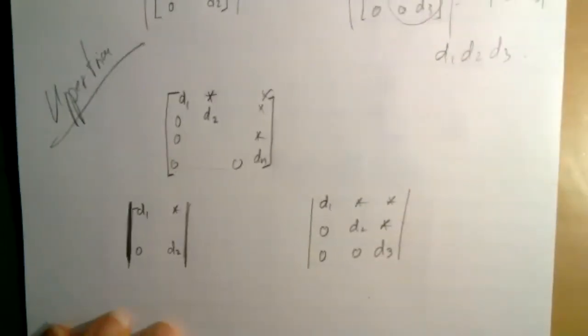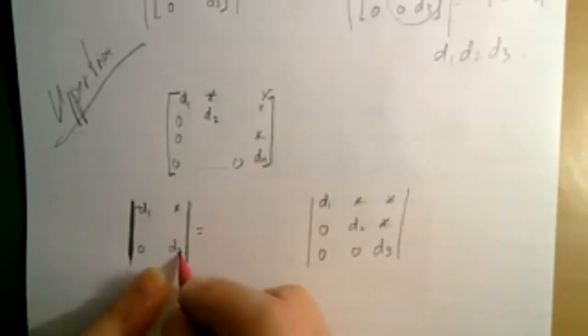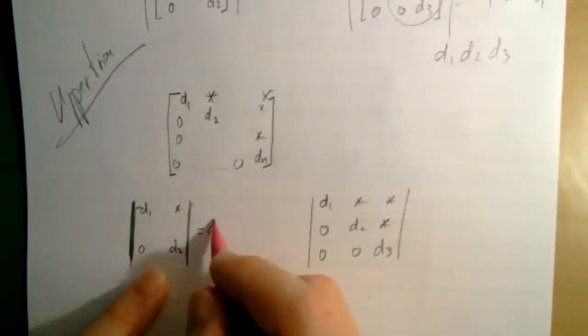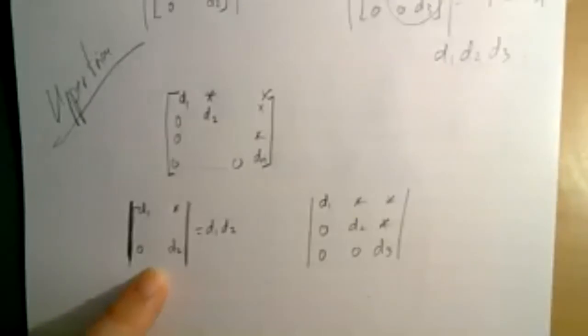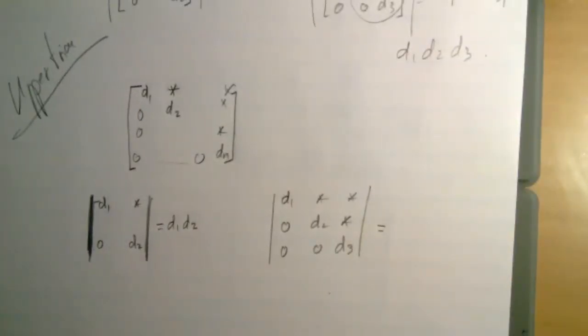All right, help me out. What's the determinant of this one? Okay, that's easy. D1, D2 minus 0. What's the determinant of this matrix? I'll give you a minute to figure it out. D1, D2 times D3.